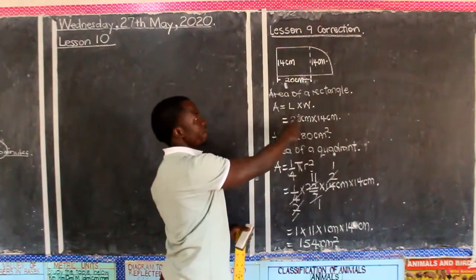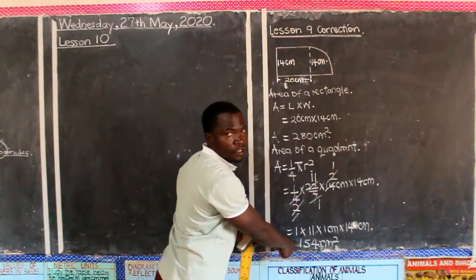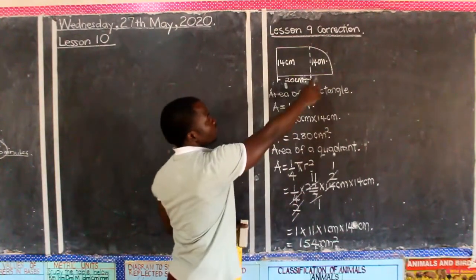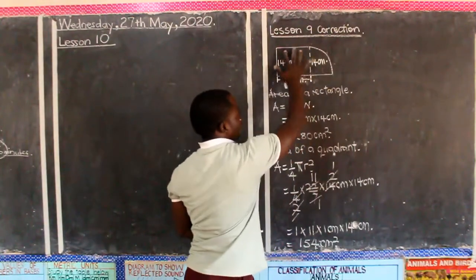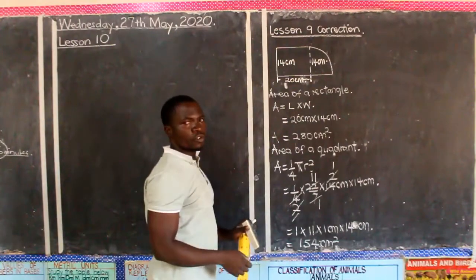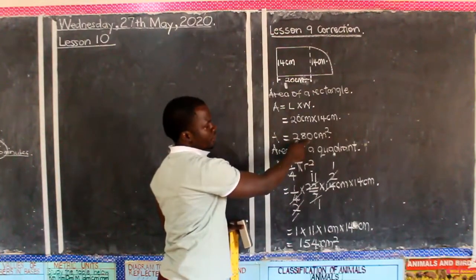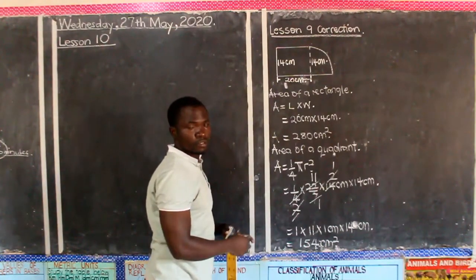280 is the area of a rectangle. 154 is the area of the quadrant. Now, what is the area of the whole figure? The area of the whole figure is equal to the area of the rectangle plus the area of the quadrant.